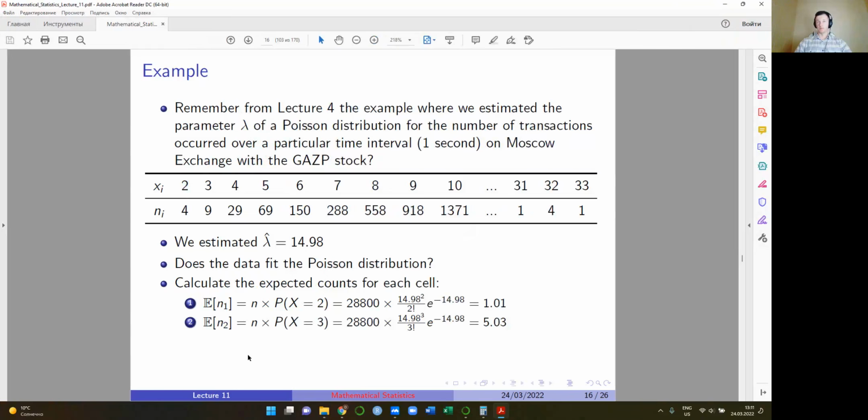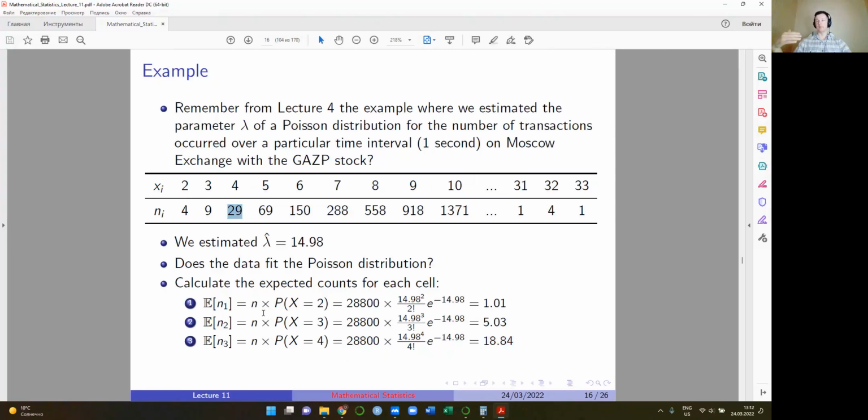The expected count for 3 transactions is going to be 5.03. We calculate this in the same way, but now instead of 2, we plug in 3. So the observed number is 9, the expected number is 5.03. For the third cell, we plug in 4, and the expected count is 18.84. The observed is 29. And so on.